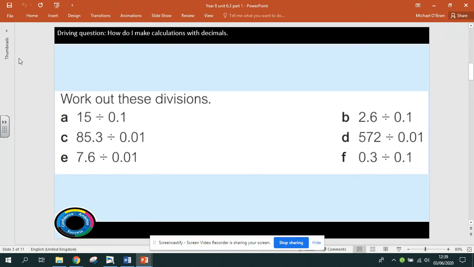What I'd like you to do now, please, is to work out the answers to these divisions. So when you're ready, pause the tape. And we'll start. Get the paper ready.